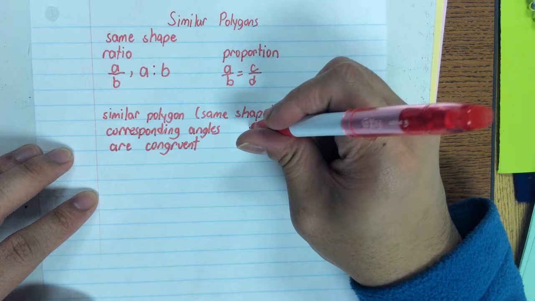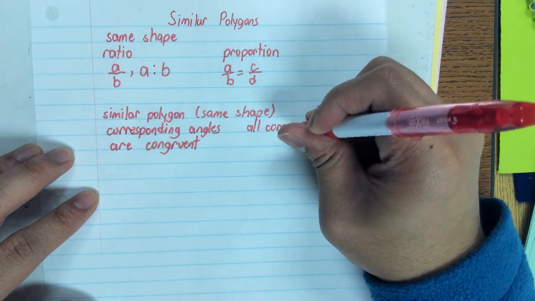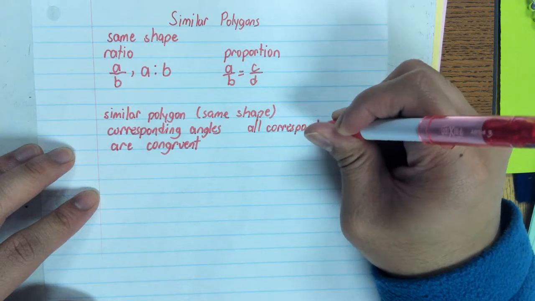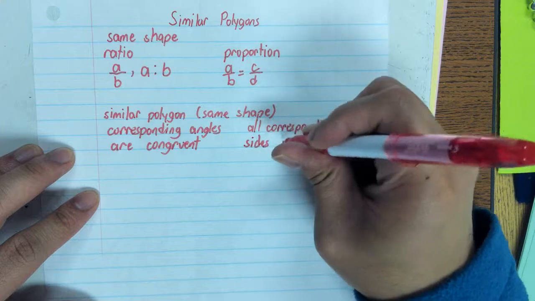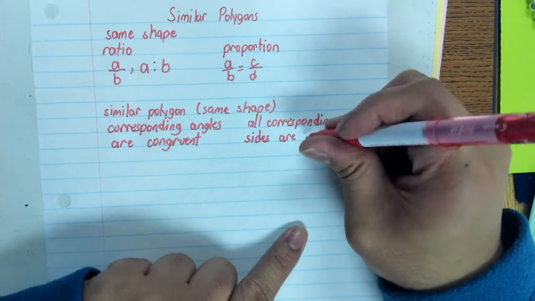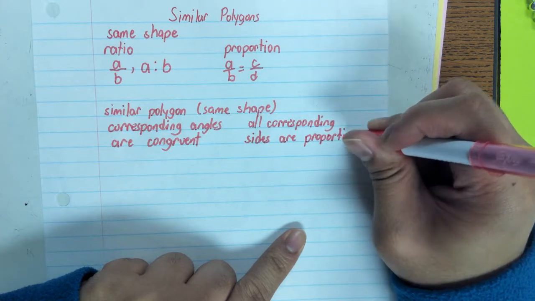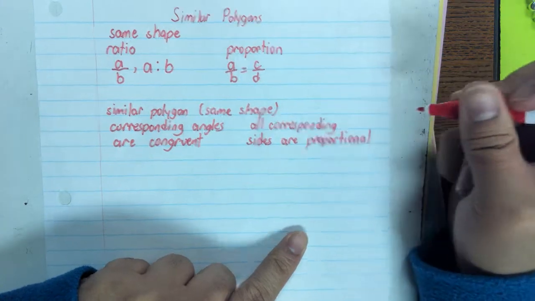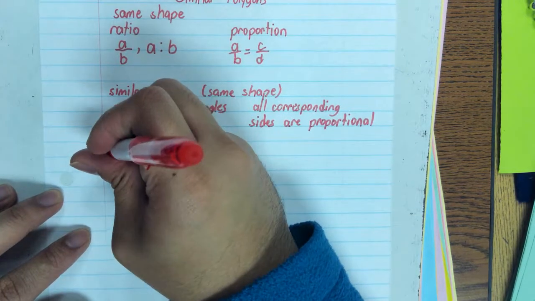And two, that all corresponding sides are proportional. So what do we mean by corresponding sides are proportional? Let's show an example.